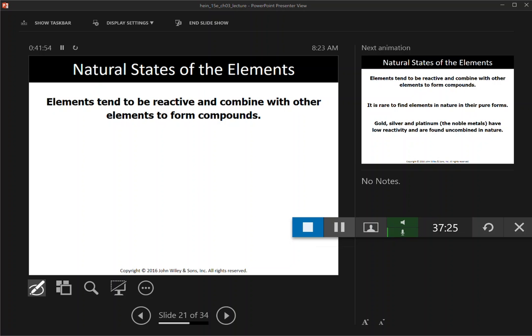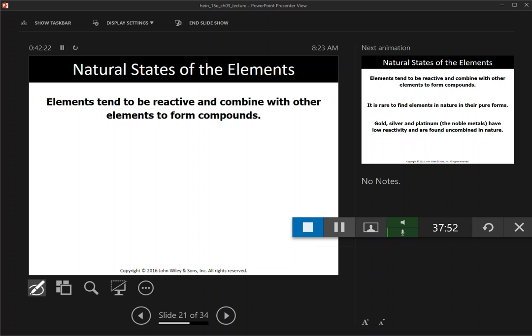So we want to see how elements react with each other, and elements just have the tendency to react with each other. There are exceptions. For example, inert gases, noble gases. We just said that those are unreactive. They don't react with anything else. But for the rest of the elements on the periodic table, there is a way that we can get them to react with each other, and they form compounds.